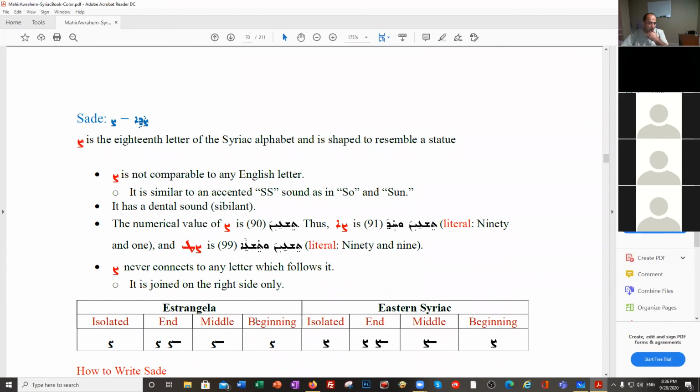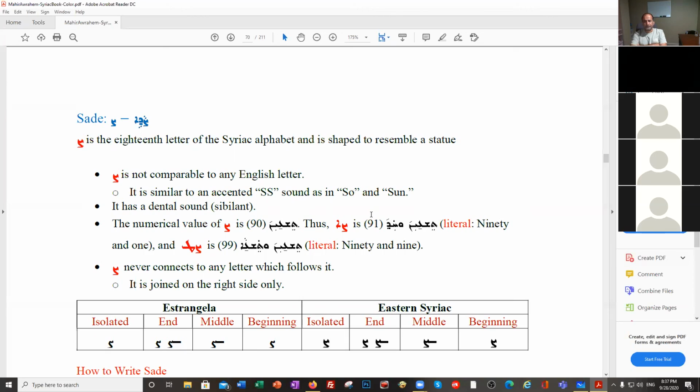Okay, the last word in this group is sade. I don't have anything in English for sade, but I have the sound of S in English, like in so and sun. There is a missing N here; it should be S-O-N, like sun.